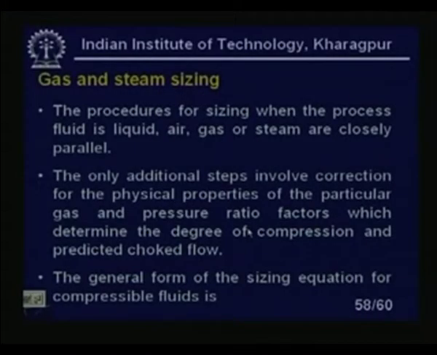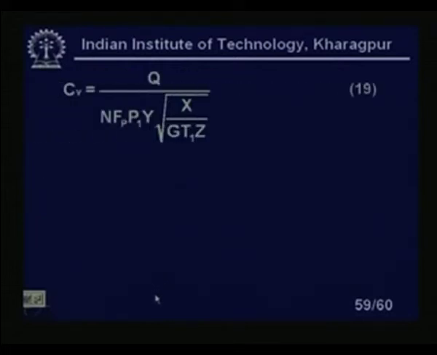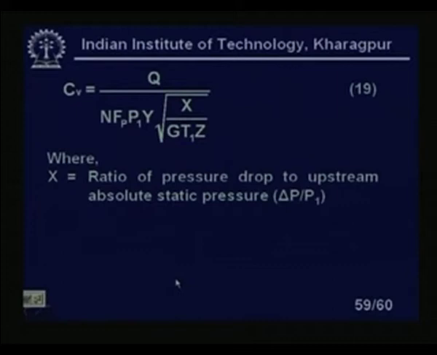The general form of the sizing equation for a compressible fluid is, you see, Cv equals Q upon N F_P P1 Y root over x upon G T1 Z, equation number 19, where the legends are: x is the ratio of the pressure drop to upstream absolute static pressure.